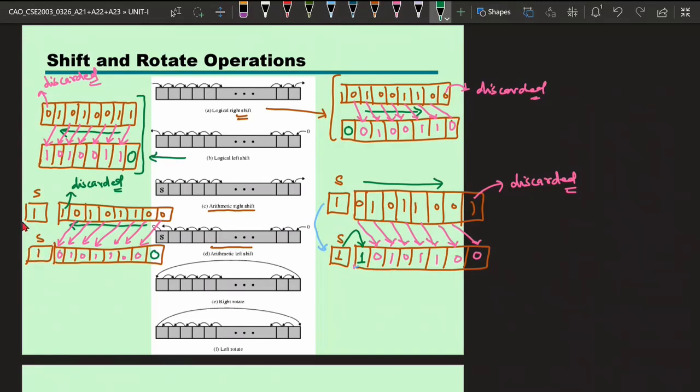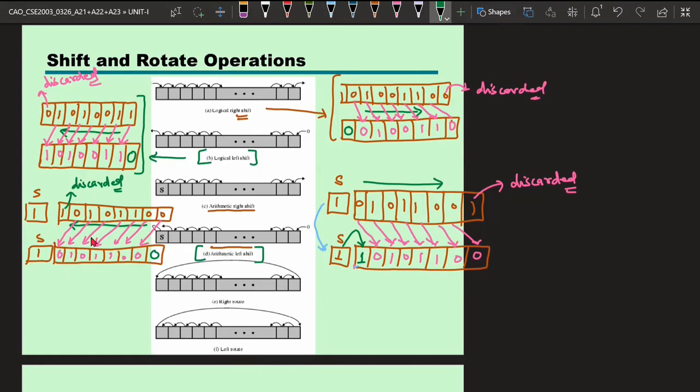Okay, so just to see between the arithmetic left shift and the logical left shift, both are the same. In terms of arithmetic left shift and logical left shift, both are the same. Only the sign is indicated here, but there is no use of sign in case of arithmetic left shift.